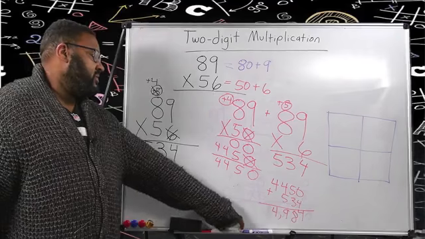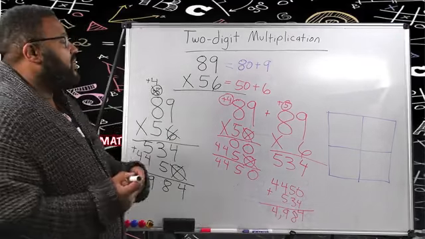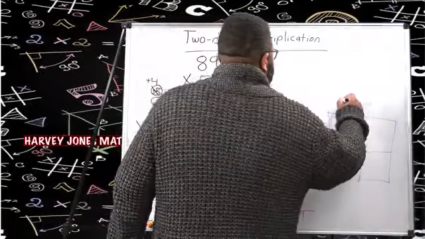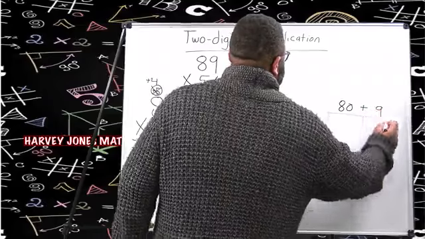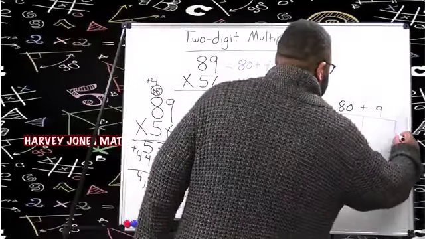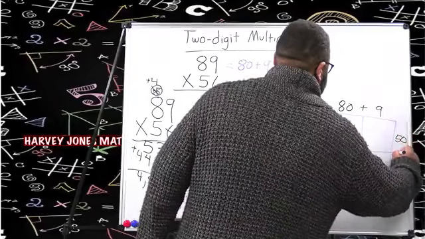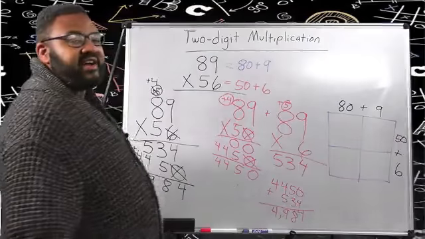So now all we have to do is put it in the box. These numbers are going to go on top of the box. So that'd be 80 plus 9. What's going on this side? I'm going back over this side. 50 plus 6.